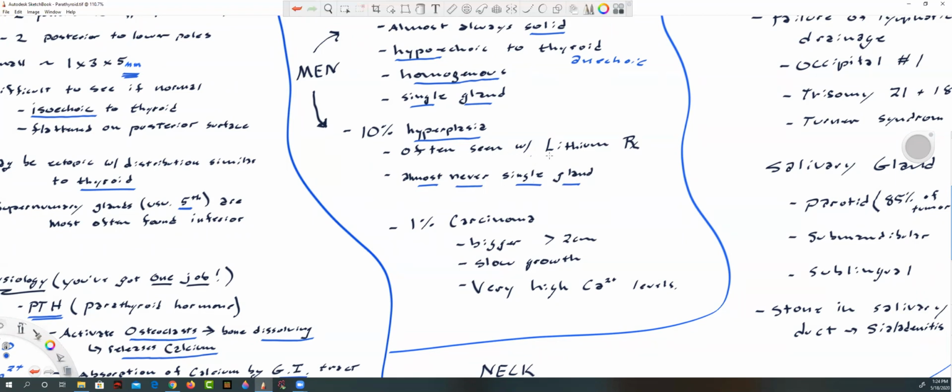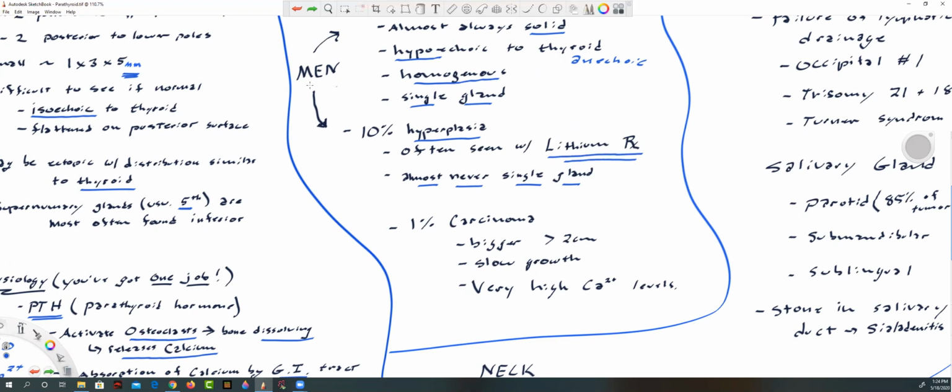Now, these are seen oftentimes with lithium prescriptions. Lithium is a mineral. You find it in the ground, in the rocks, and it is used for, I didn't write it down. It's an antidepressant. It helps with bipolar disease, so that's why people take lithium.